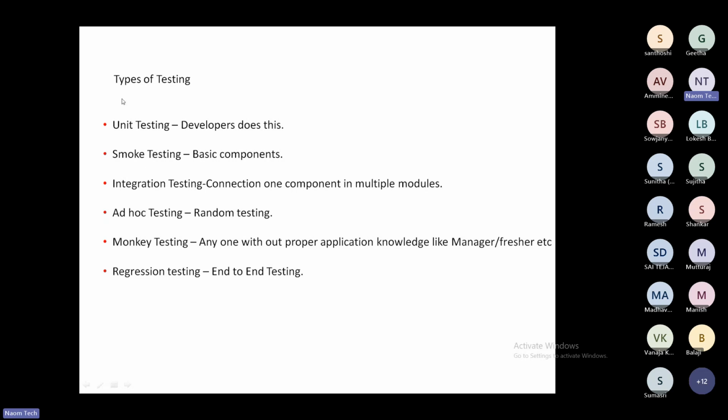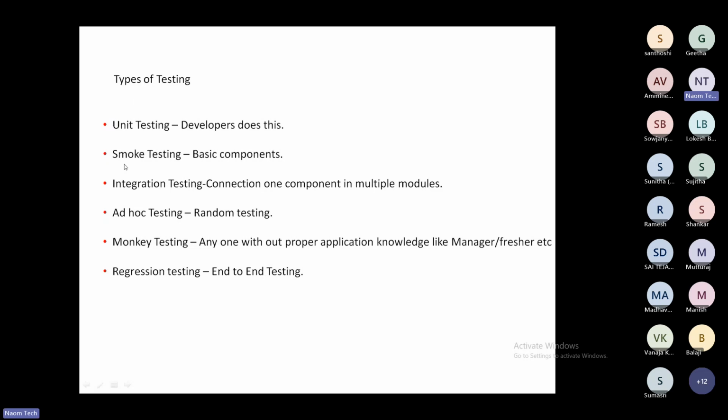All that is not needed because our focus is more on the Selenium tool, right? So let's limit ourselves to this now. Types of testing means the different types of tests that we do in a real environment.